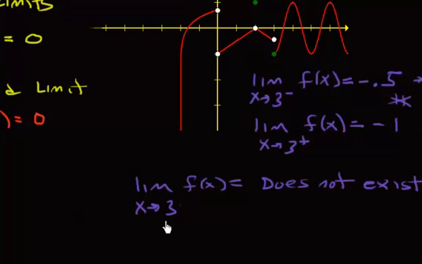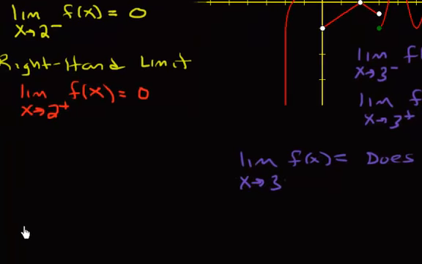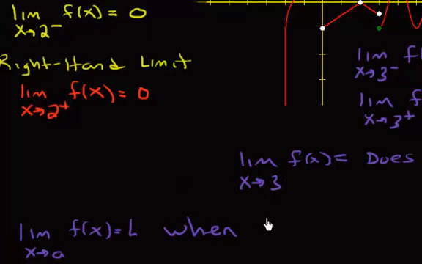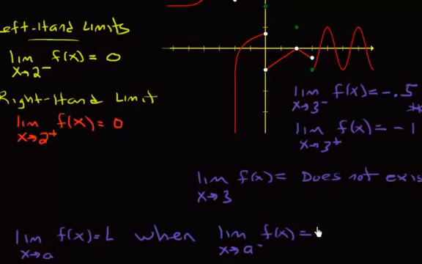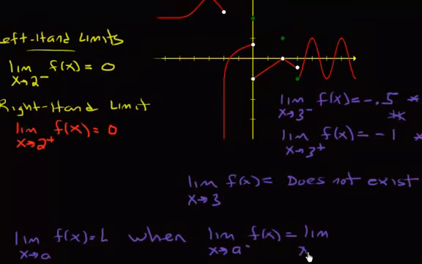Well, if we come down here, we can say that the limit as x approaches a of f of x is going to equal L when the limit as x approaches a from the left equals the limit as x approaches a from the right, and when they both approach the same place.